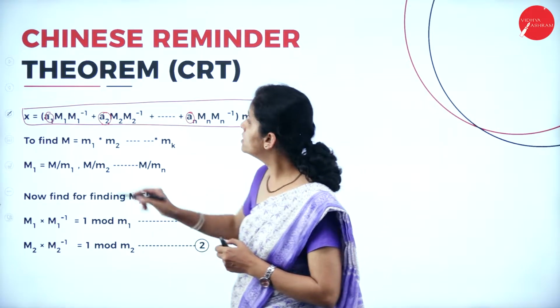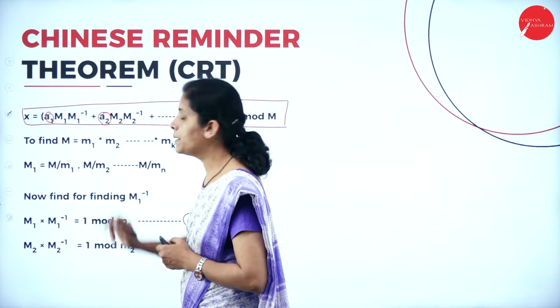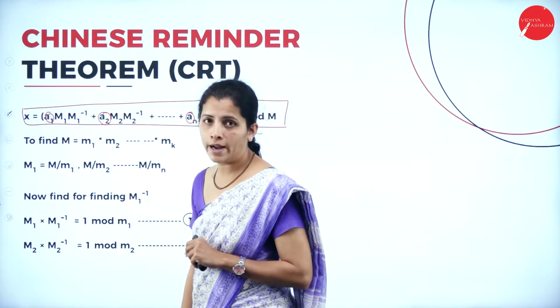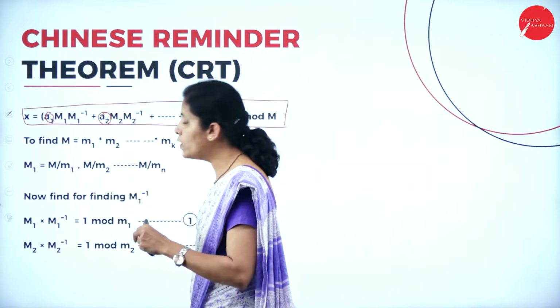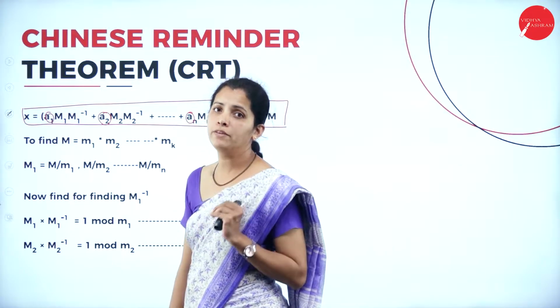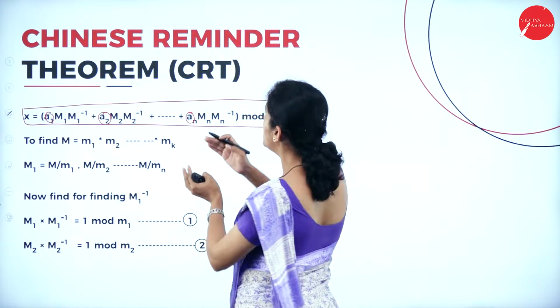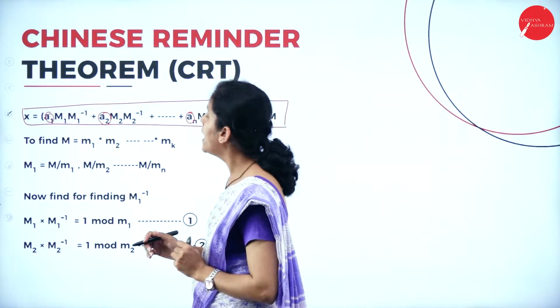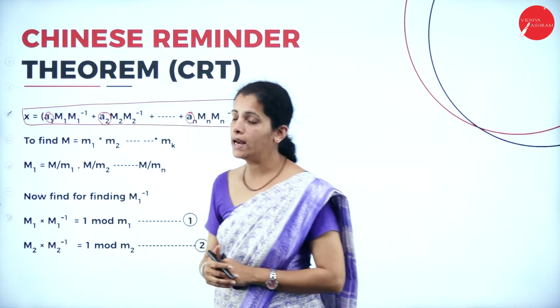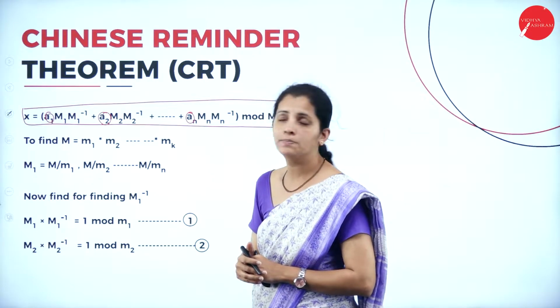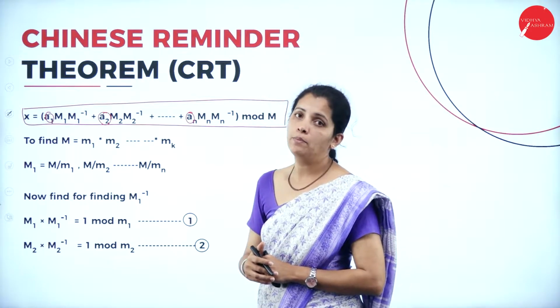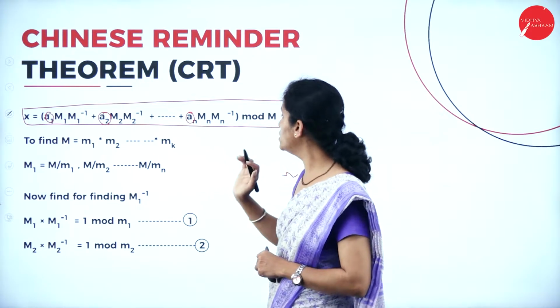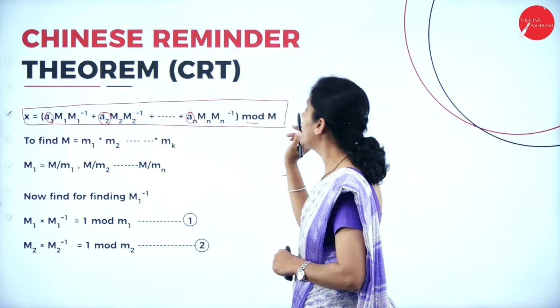And what about M1 inverse? I want to find it, so to find M inverse, I'm going to have a formula. The final formula for CRT is x equal to A1 M1 M1 inverse plus A2 M2 M2 inverse, and it's going to continue, mod M.